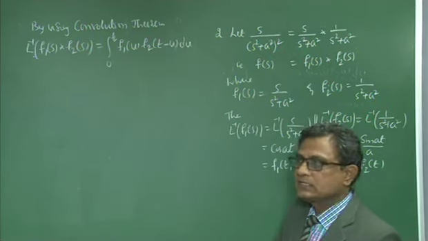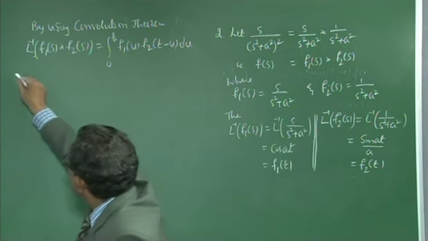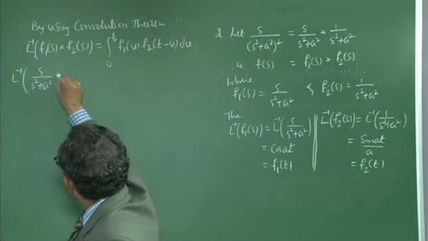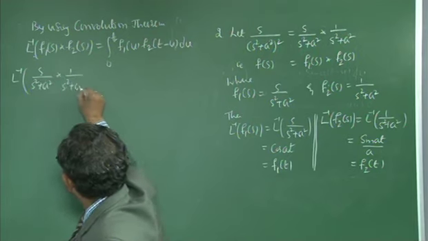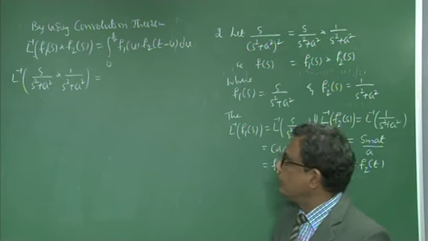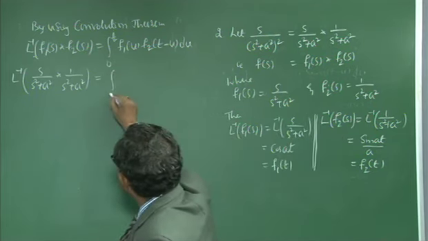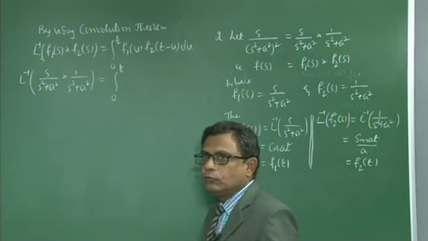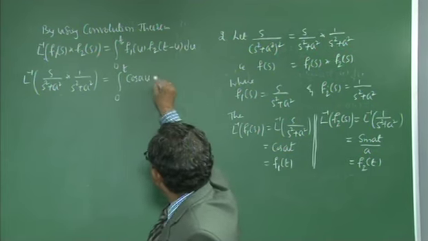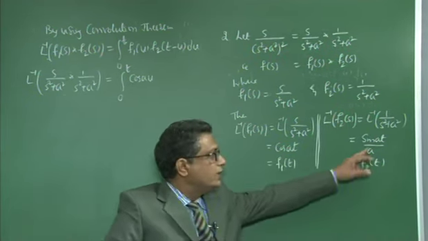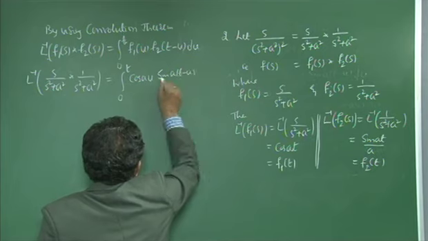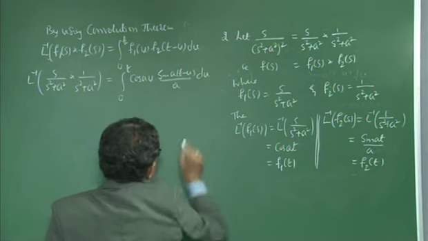Now substitute the corresponding values. This is L inverse of s divided by s square plus a square into 1 divided by s square plus a square. You have substituted the values of f1(s) and f2(s). Then the RHS part: integration 0 to t, first function t changes to u, cos au, and second function t changes to t minus u, it is sin a into t minus u divided by a, du.